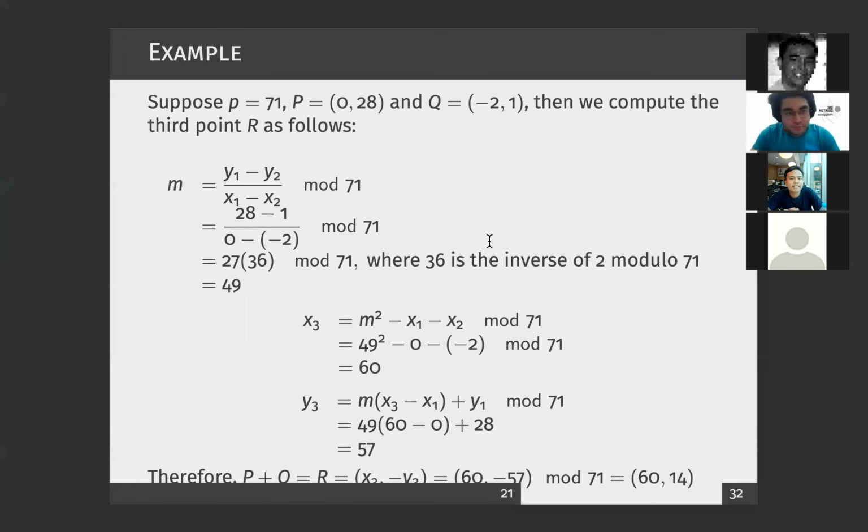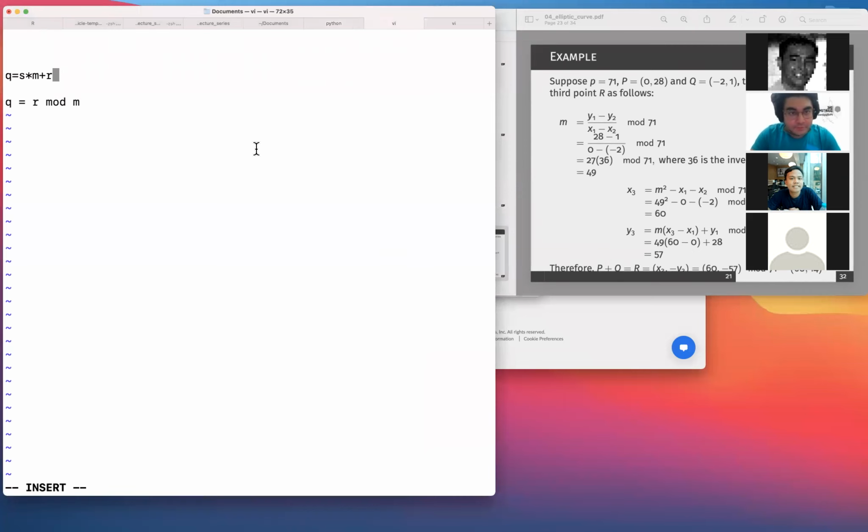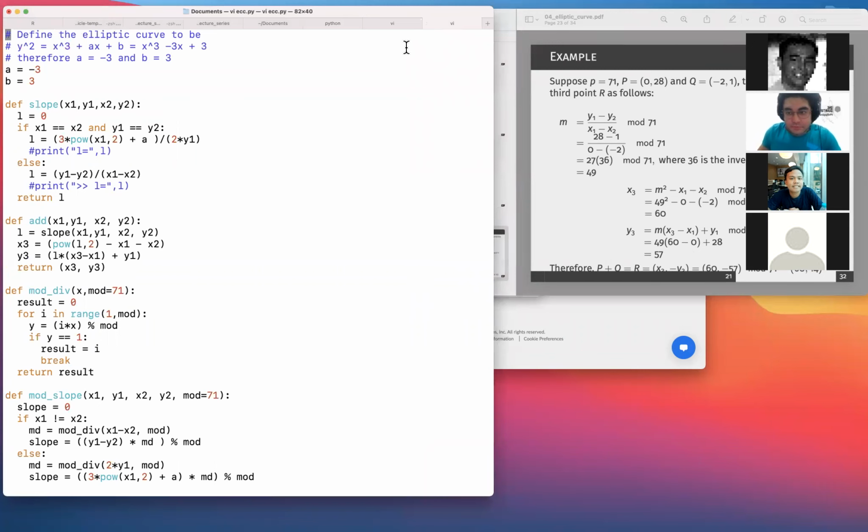How do we compute the third point? To compute the third point, you just use the formula. The formula is actually in here. No, this one here. This is the one that I'm going to use.